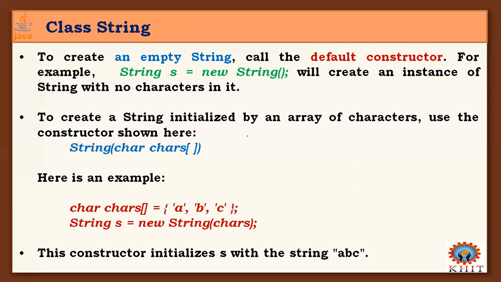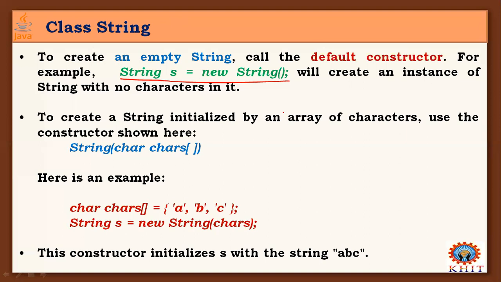The first one is to create an empty string, calling the default constructor as usual. For example, like this. This is the programming instruction for creating an object or instance of a string with no characters in it.